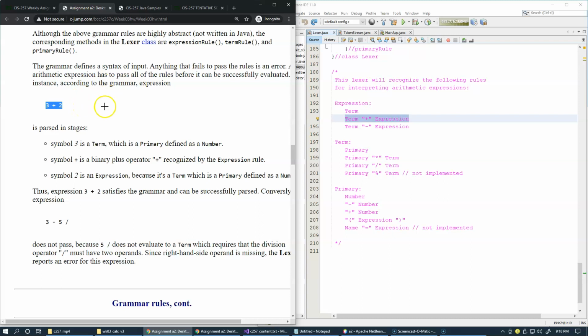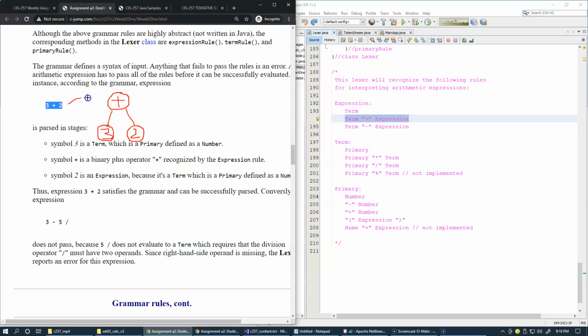This should construct very successfully the syntax tree, a very simple idea, with the plus node at the top, and left-hand side and right-hand side with number 3 there and number 2. Both the left-hand side and the right-hand side will represent the operand.